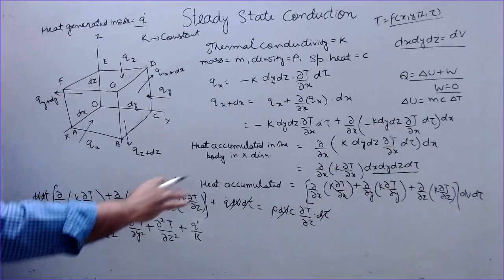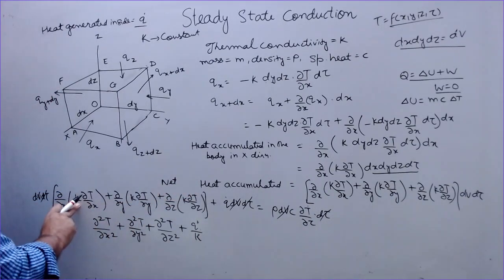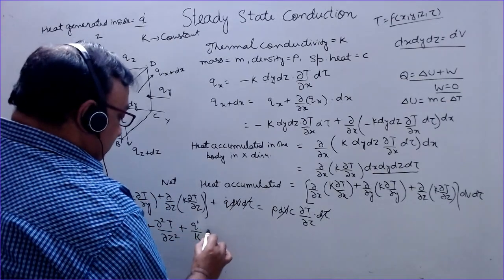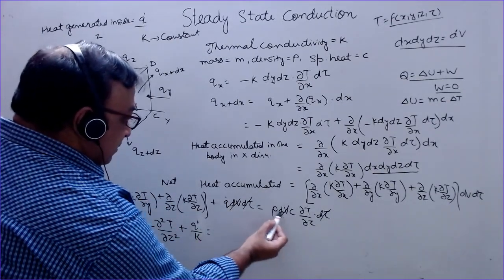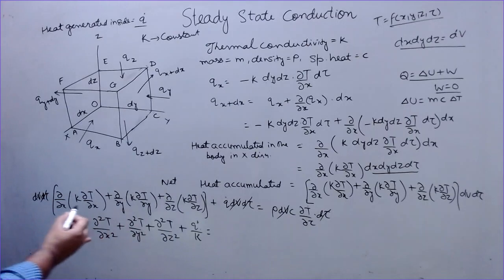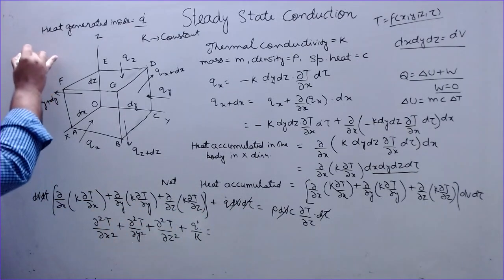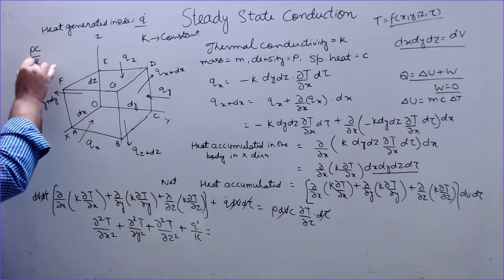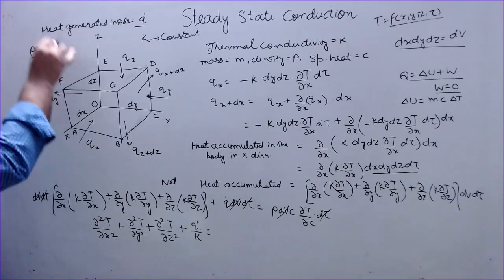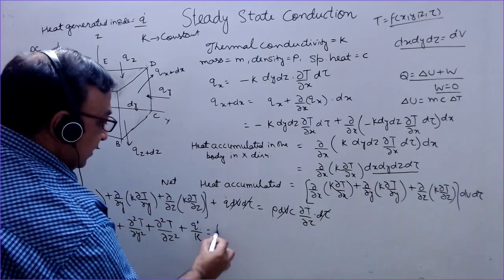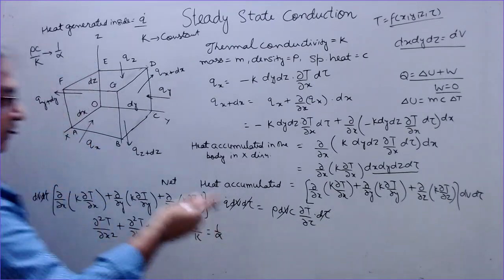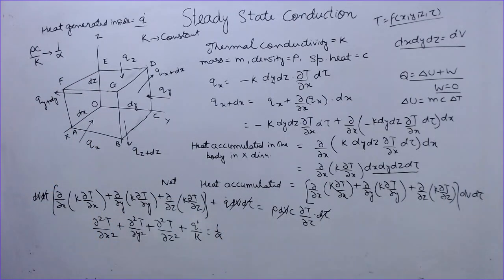I am dividing both sides by k, equal to, now here we have this term rho into c, and when divided by k we will write this as rho c by k. So this is written as 1 by alpha, and it is del T divided by del tau, that is the rate of change of T with respect to time.